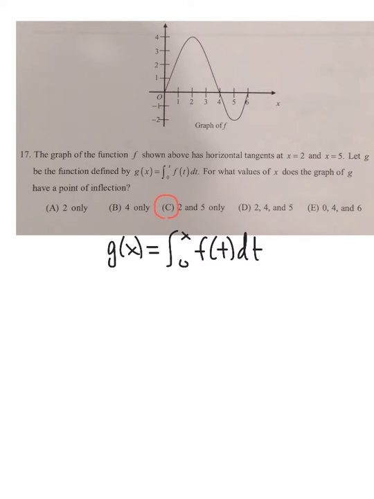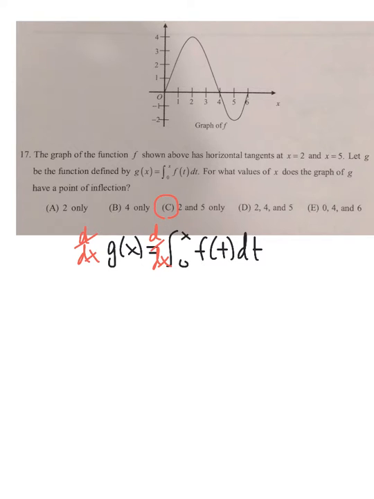Do you remember I said to you, if we take the derivative of one side and the derivative of another side, remember that the fundamental theorem of calculus states that by doing that, this will cancel each other out, right? They're inverses of each other. And because the bottom bound is a constant, we can take this top bound and drop it right in there in place of that t.